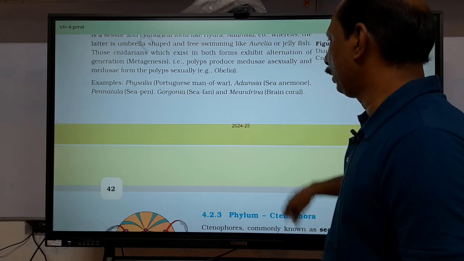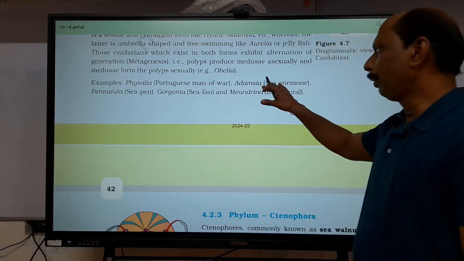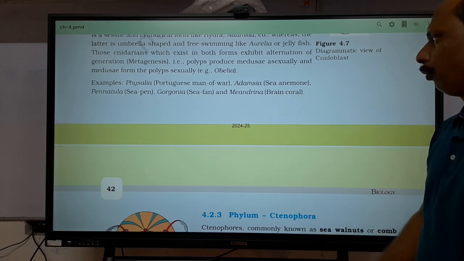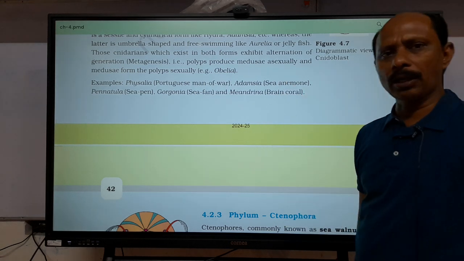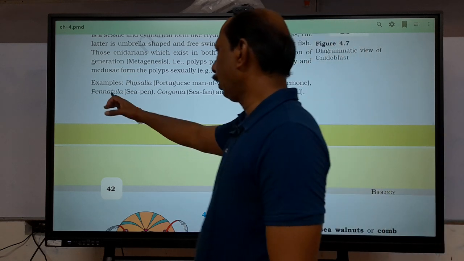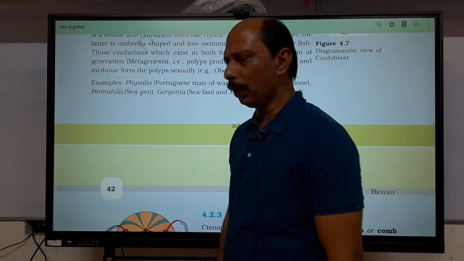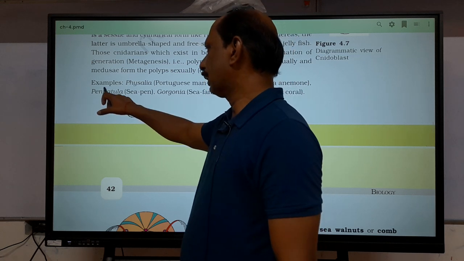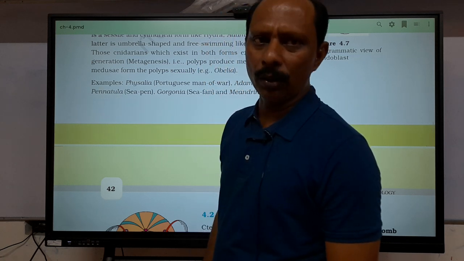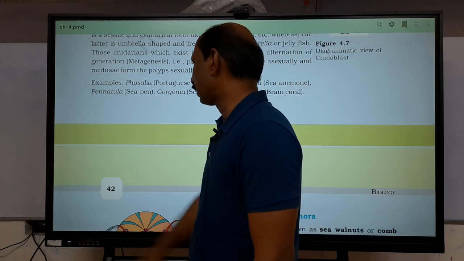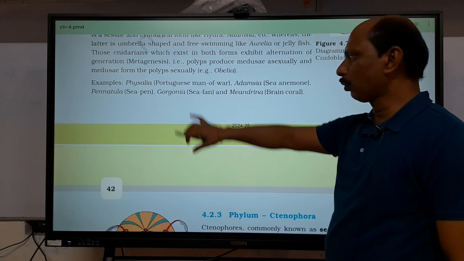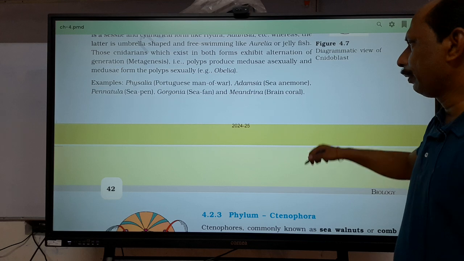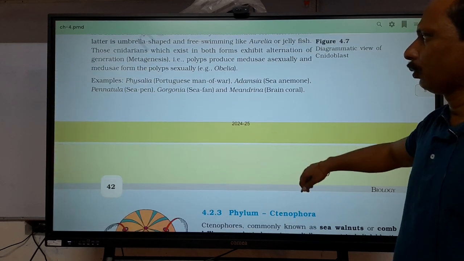Adamsia, sea anemone, comes into the Anthozoa, and it has no calcium carbonate skeleton. Pennatula also comes into the Anthozoa, looks like a feather, sea pen. This comes into the corals, which means they have skeletons. Gorgonia, sea fan, also comes into the corals. Meandrina, brain coral, all are corals, right? So you have to read these common names also.